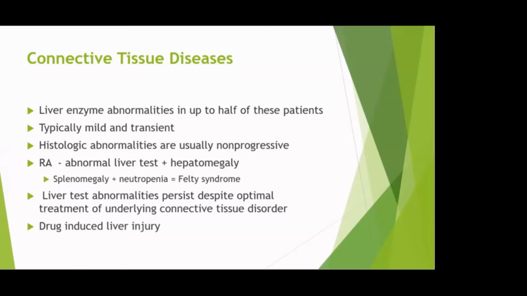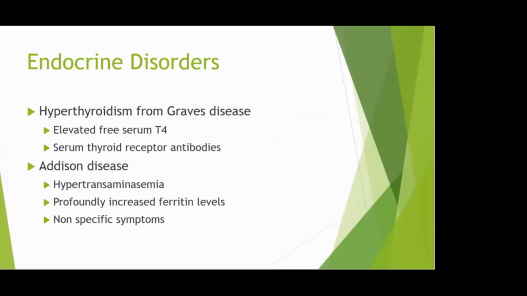Endocrine disorders also present with abnormal liver tests in a variety of ways. This is seen in hyperthyroidism from Graves' disease, which is associated with liver enzyme elevation in up to half of untreated patients. These patients have elevated serum T4 and presence of serum thyroid receptor antibodies.